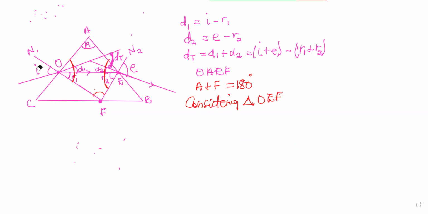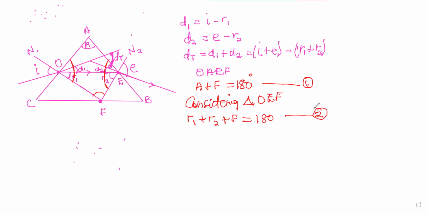So it means that angle R1 plus the angle R2 plus the angle at F must also be equal to 180. Therefore, you have equation 1 and also equation 2.